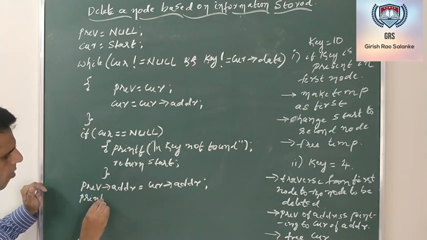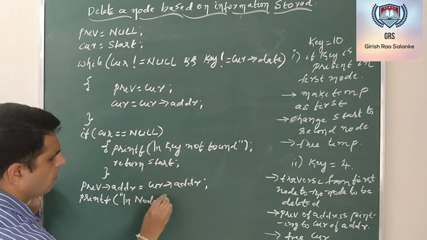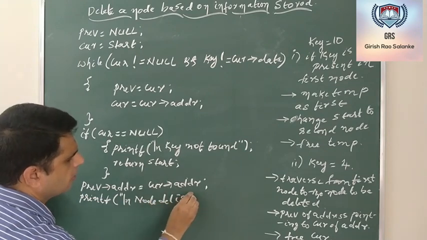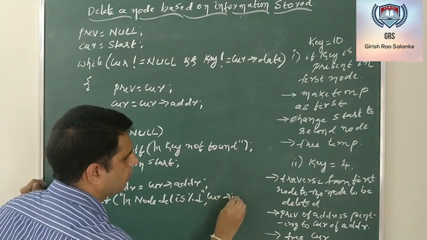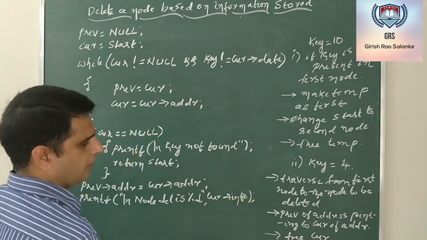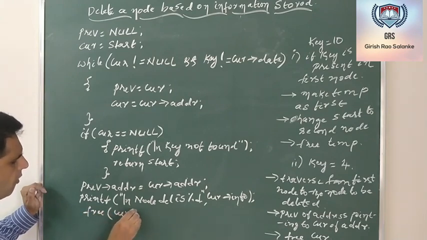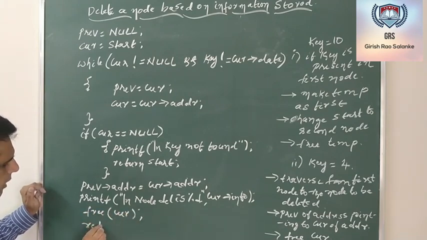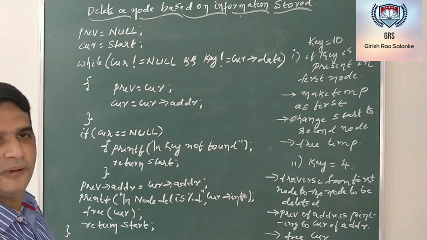Printf: node deleted is %d, which is nothing but current of info. And finally free current. Free of current, return the starting address. Hope this is clear.